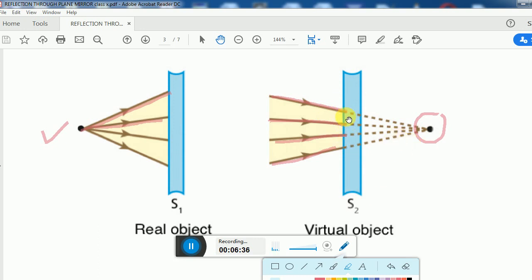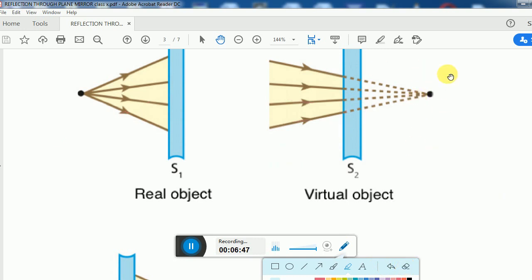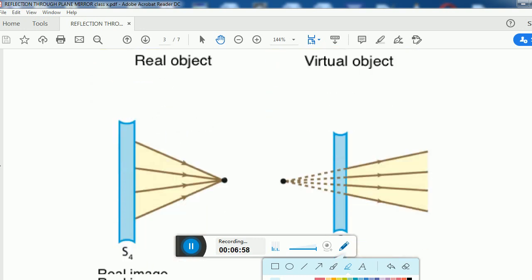So this is called a virtual object. The thing is not there, but it seems the thing is there. That is why it's called virtual. Virtual means not real actually.